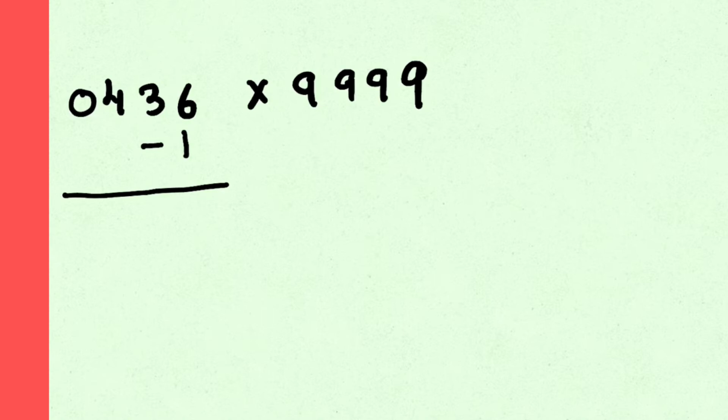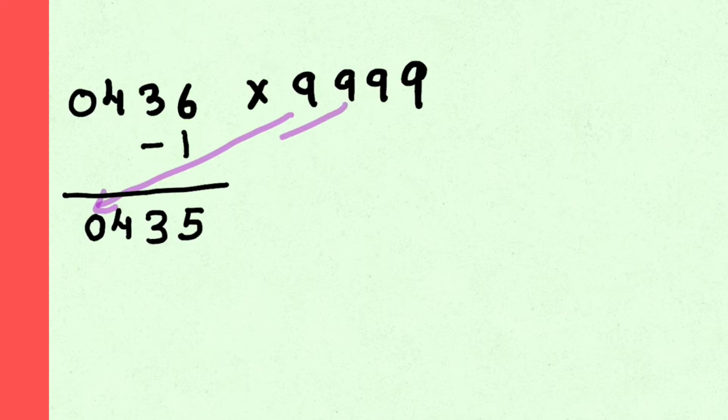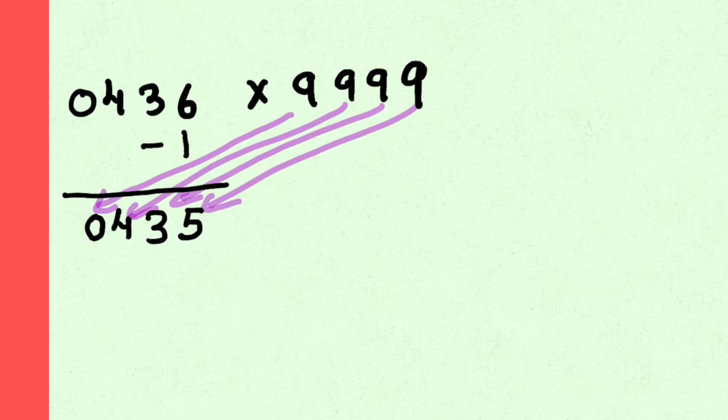When we subtract 1 from this number, we get 0, 4, 3 and 5. And when we subtract all these numbers from 9, when we subtract 0 from 9, 4 from 9, 3 from 9, and 5 from 9, we get the numbers 9, 5, 6 and 4.